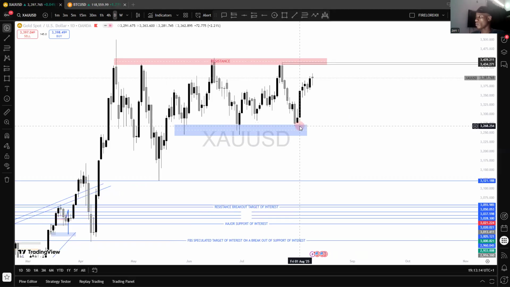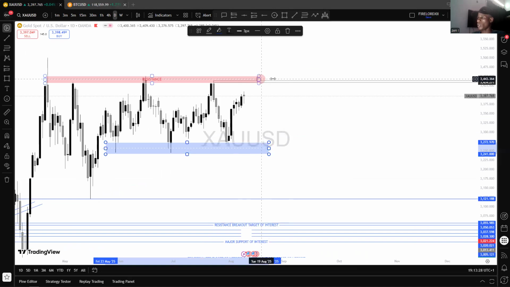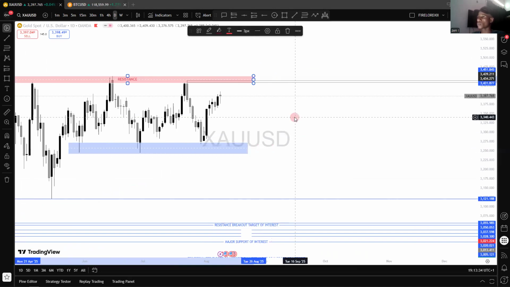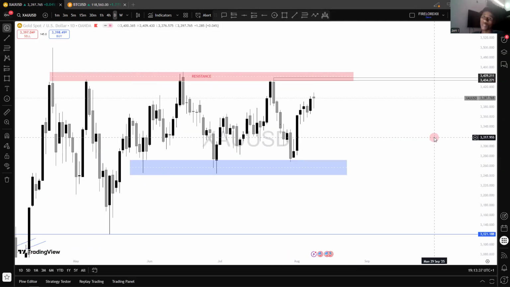So gold is most probably heading for the resistance again, where who knows, we might get a break of structure, a breakout or a further range. We might get a breakout or a rejection. It's all depending.